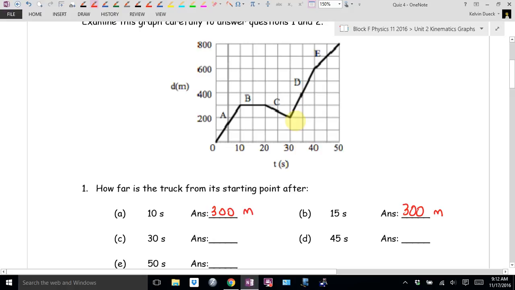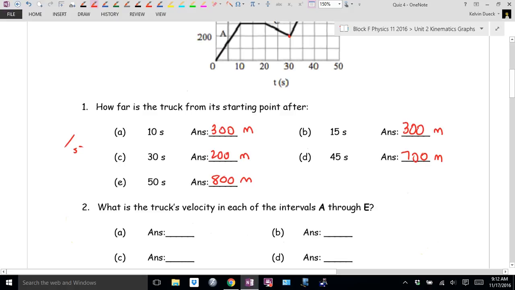How far is it after 30 seconds? 200 meters. After 45 seconds, that's halfway between 600 and 800. 700. So I think it's fair game for me to ask you to extrapolate values between. 50 seconds, 800. So that question's out of 5, 1 mark each.